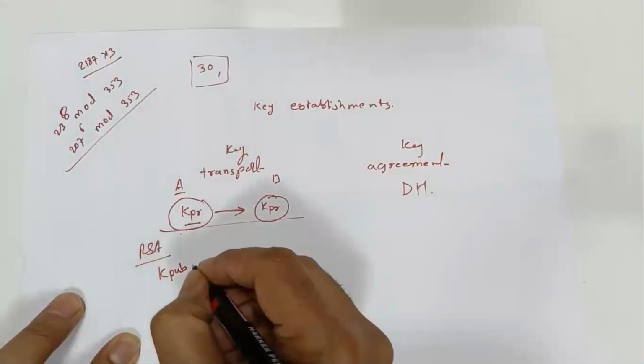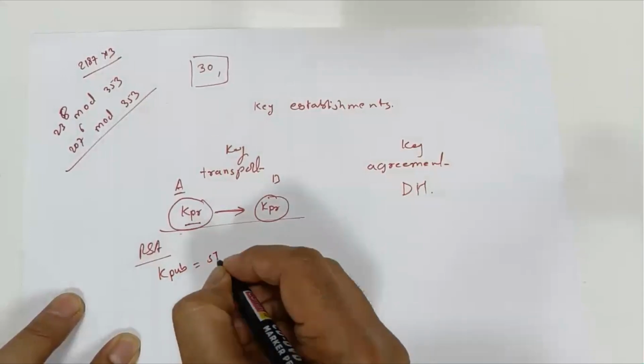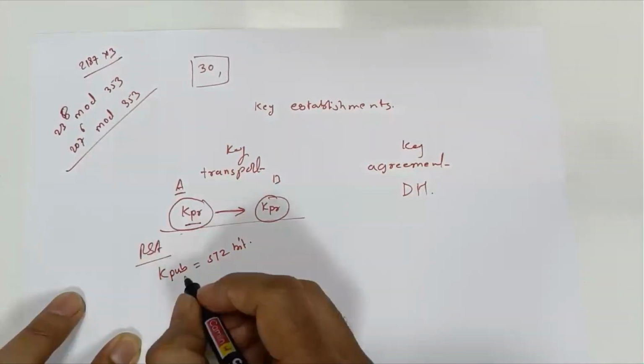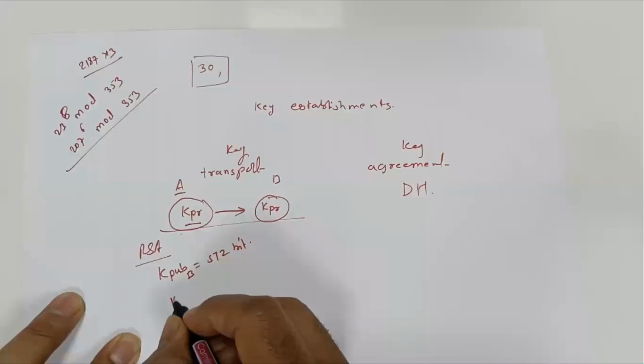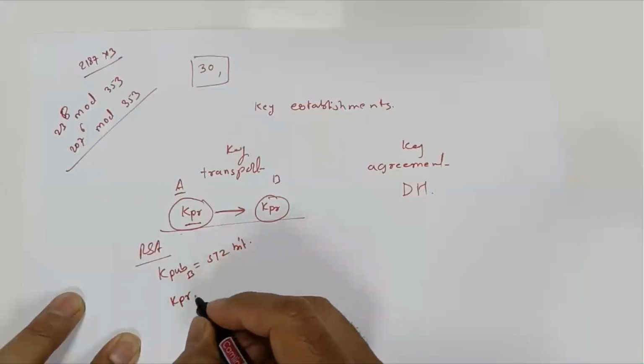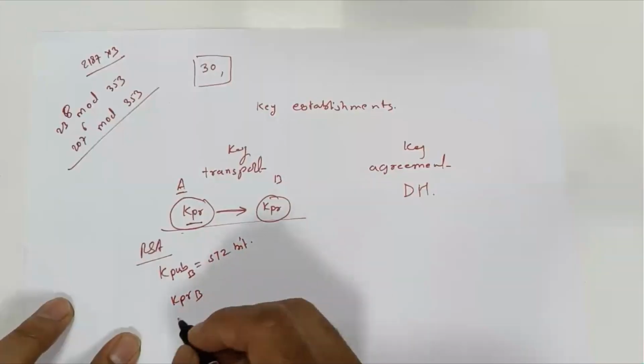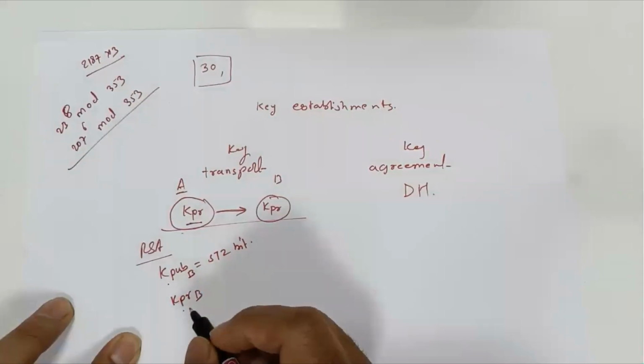Okay, so let's say K public is 512 bits of B. So there will be a pair of keys. One is the private key and the other one is the public key.